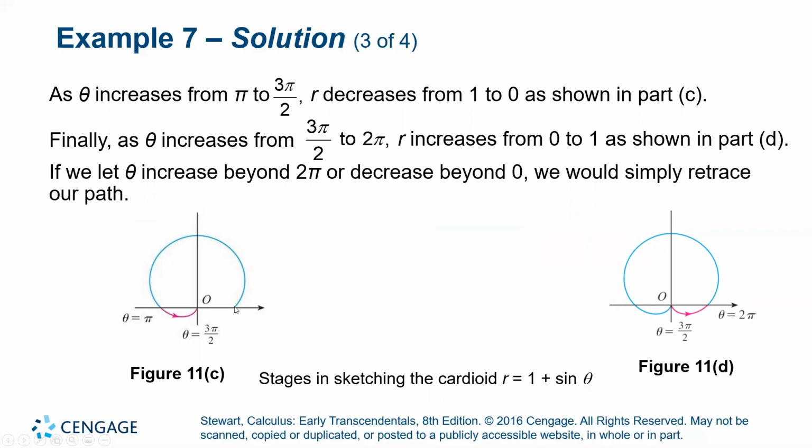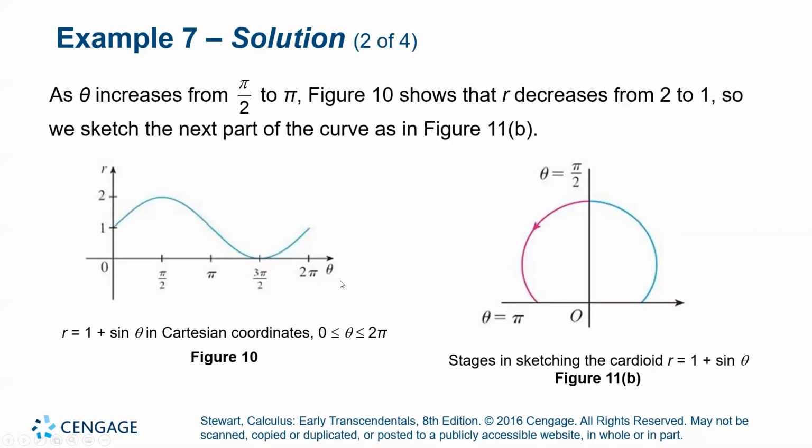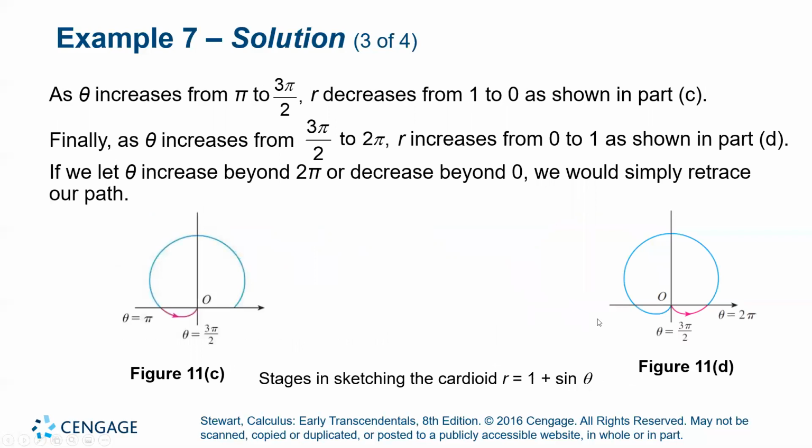So on first glance, before we saw the screen, you might have thought this was just going to create a circle. But instead, this bottom part has to pull into 0 to represent r equals 0 down here at 3 pi over 2. Now this is a special shape that we see pretty often, and so it has its own name, which you see at the bottom of the screen here.